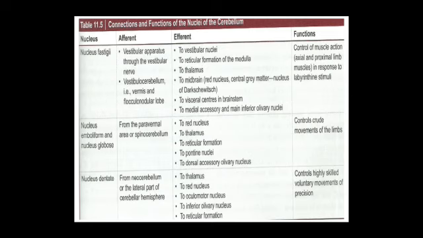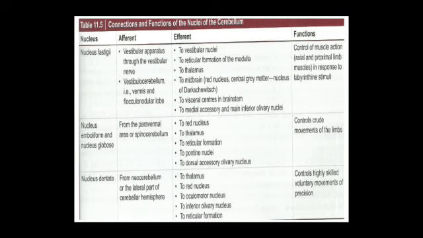Coming to the connections and functions of the nuclei of the cerebellum. The fastigial nucleus: its main afferents are from the vestibular apparatus through the vestibular nerve and the vestibulocerebellum via the vermis and flocculonodular lobe.